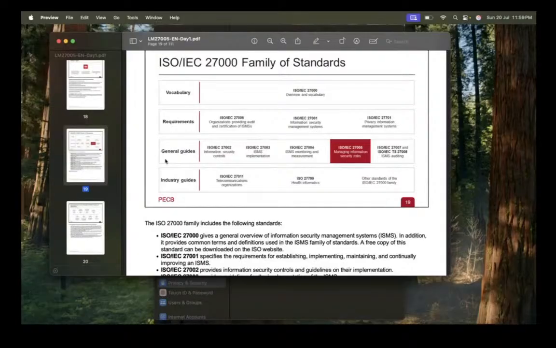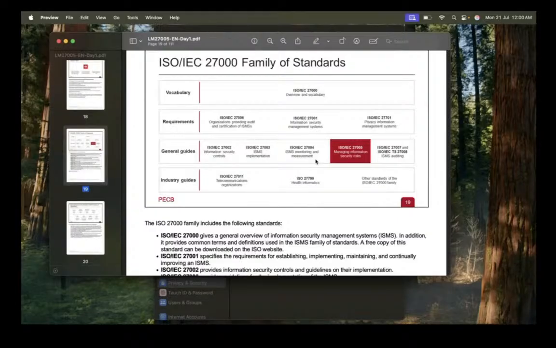And then there are these five standards, and the one that we are going to focus on is 27005. If you see here, it's highlighted. These standards are the general guides. Under this family of 27000, 27002 covers information security controls. In 27003, you see ISMS implementation. Similarly, 27004.